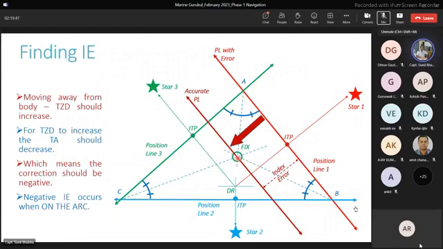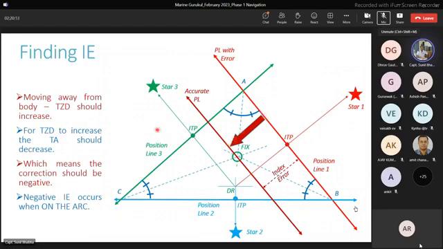So I'm going to repeat it once. The first thing which you have to see is, when you are moving from the wrong PL, or the PL having error, to the accurate PL, or the PL passing from the fix, are you moving away from the body or towards the body? In this case, we are moving away from the body.